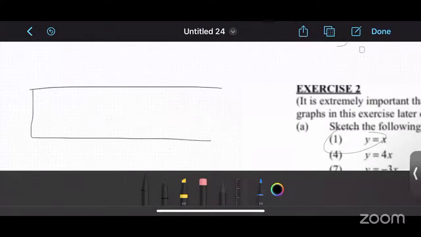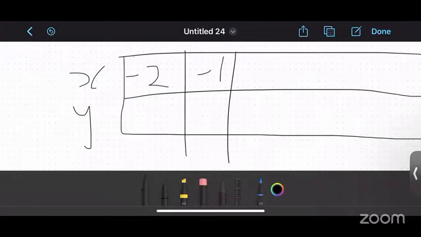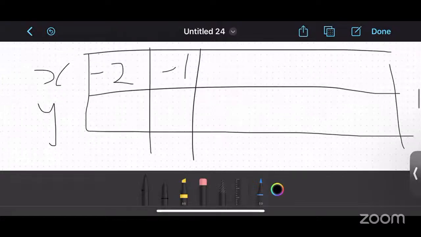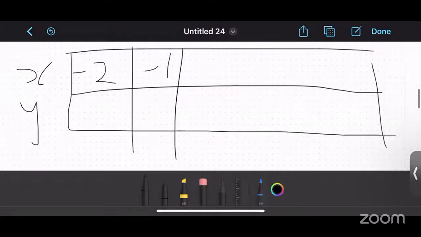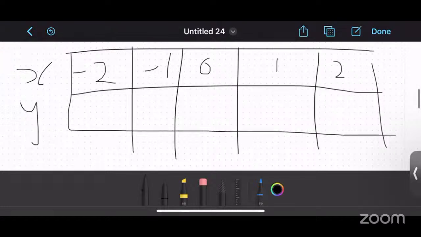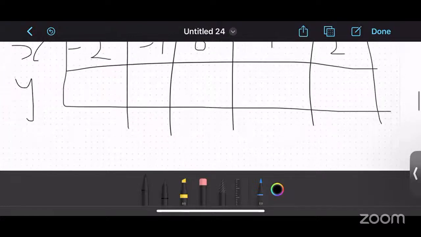For x, first we write negative 2, then in the next column write negative 1, then 0, then 1, then 2. For y, number 1, first we write y equals 2 bracket negative 2 close bracket.